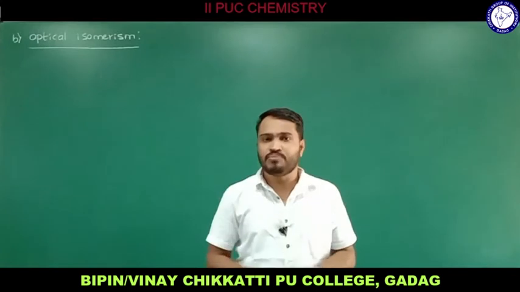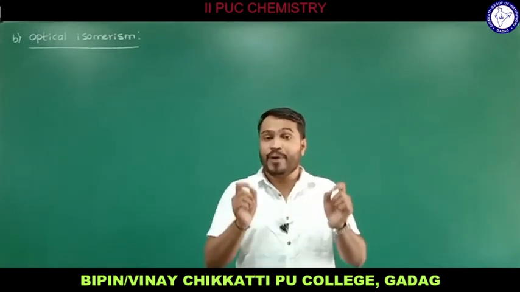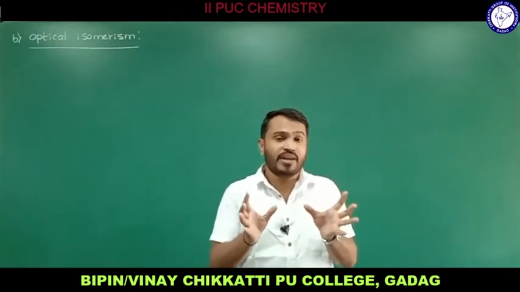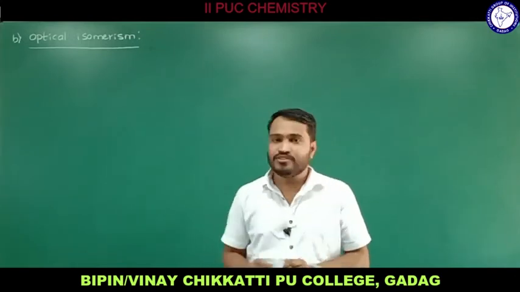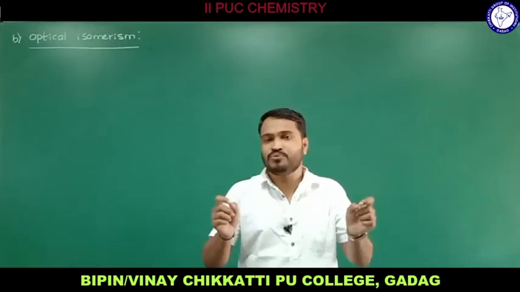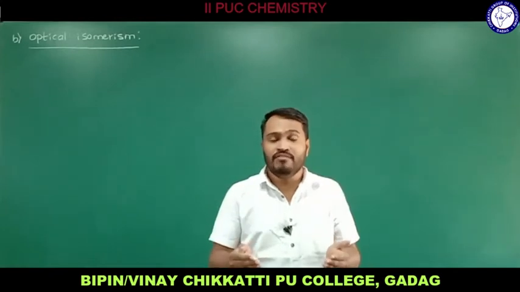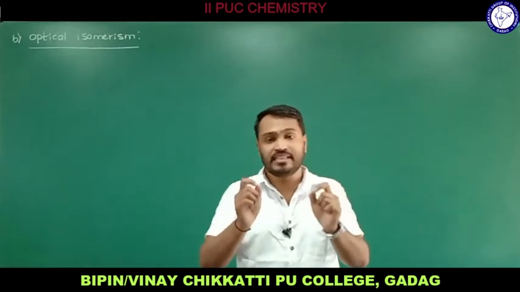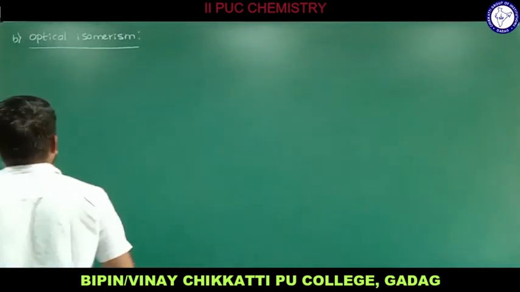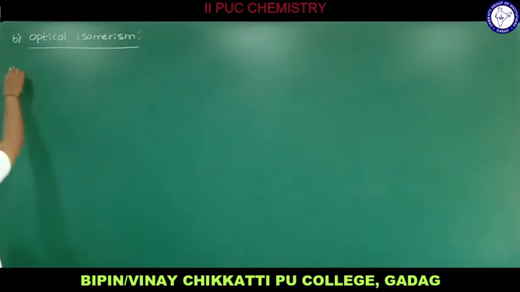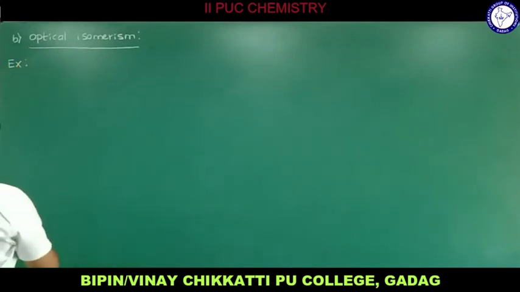One more concept is that complexes of bidentate ligands usually show optical isomerism. This concept we already know, and now we'll come to particular examples. Let me write an example for optical isomerism. We'll see how the dextro isomer and levo isomer can be drawn.